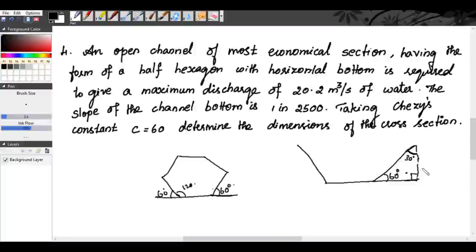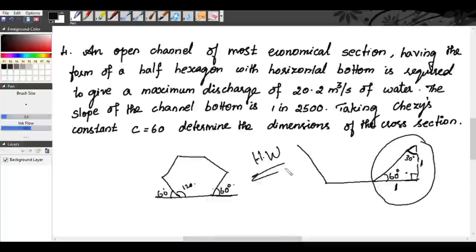So that means you will have vertical one, horizontal one. So with this clue, you can continue your problem. You can do this as homework. So you take horizontal by vertical as 1 by 1. The angle of the side slope making with the horizontal is 60 degree. Remaining as usual.